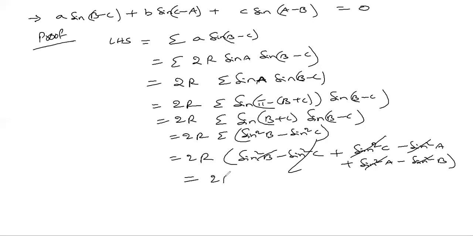Now it is 2R into 0, clearly 0, which is nothing but the right hand side. So left hand side and right hand side are both equal according to this solution. Hence proved. Once revised.